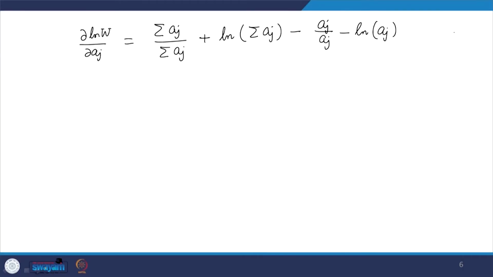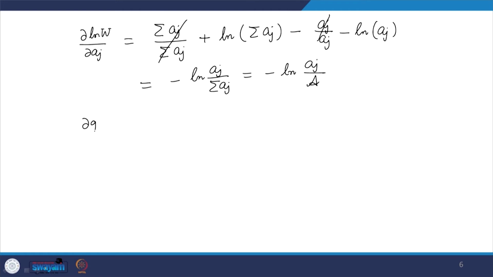So, therefore, we will have cancellations here. This is equal to minus of ln A j by summation over A j, which we can write as minus of ln A j by A using the constraint that we had.